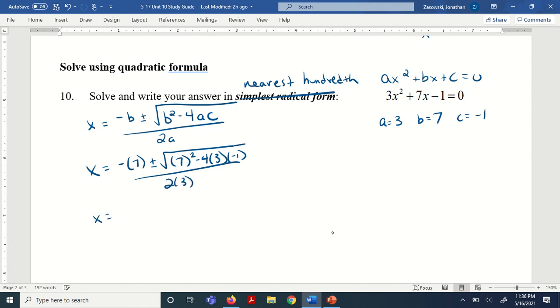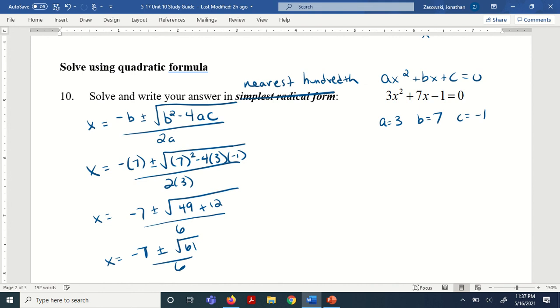Okay, let's simplify this out. So this is negative 7 plus or minus the square root of 49. Negative 1 times 4 is negative 4, times 3 is negative 12, times negative 1 is positive 12, all over 6. Okay, so the square root of 49 plus 12 is going to be 61: negative 7 plus or minus the square root of 61 over 6.